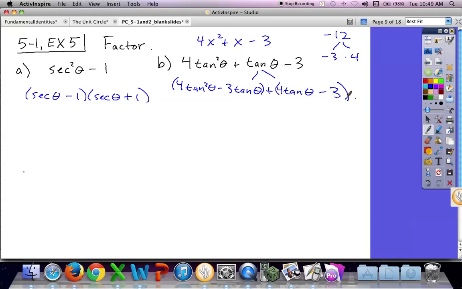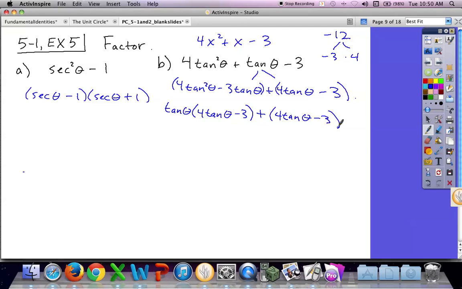of parentheses. In the first set of parentheses, what's the greatest common factor? Tan theta. So you factor out a tan theta, and we got 4 tan theta minus 3. And the second set of parentheses, no common factor. 4 tan theta minus 3.